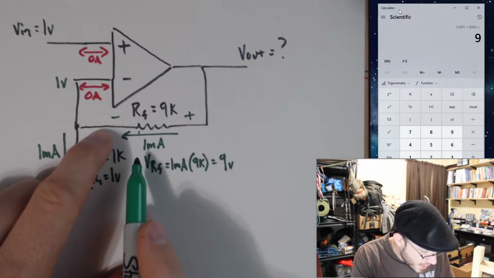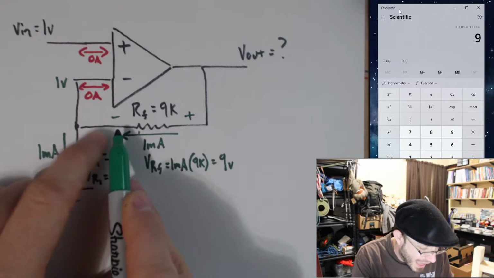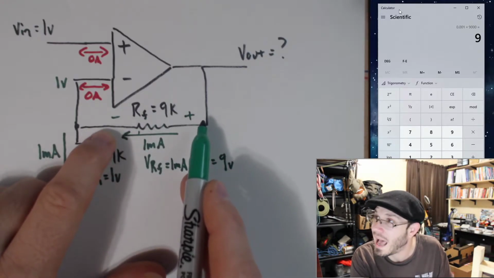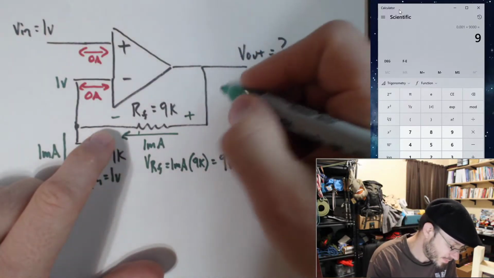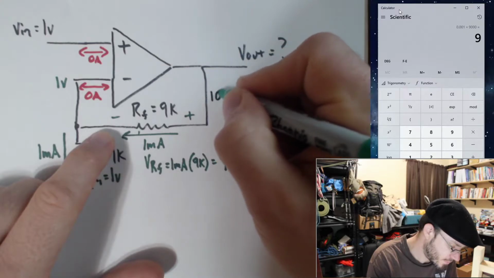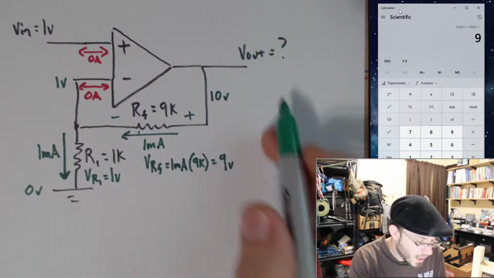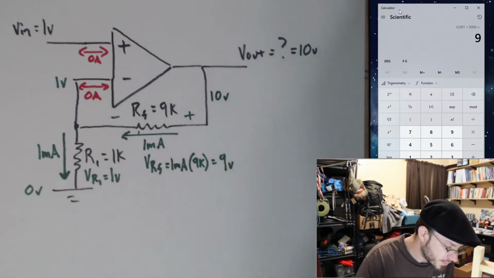If I have 1 volt here and I dropped 9 volts to get at 1 volt, then I must be 9 volts higher than 1 volt. In other words, I'm at 10 volts. And I'm at 10 volts everywhere along this wire, so my V out is equal to 10 volts.